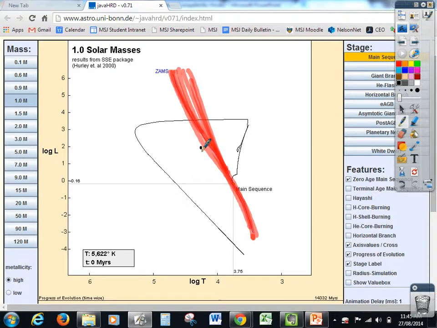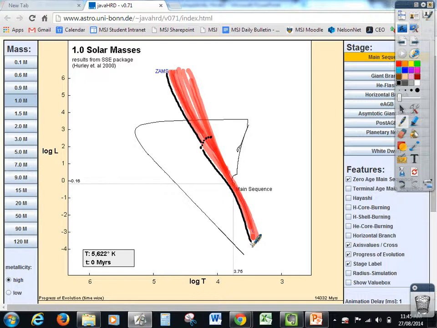So on their Hertzsprung-Russell diagram, they start to move. And if we were to plot them, they would have to fit somewhere in that thickness of that band. But when they are first born, they are plotted on the Hertzsprung-Russell diagram on this edge, the zero age main sequence edge. We can't see them move. Remember, this is a Hertzsprung-Russell diagram.